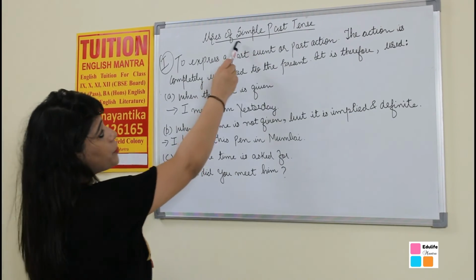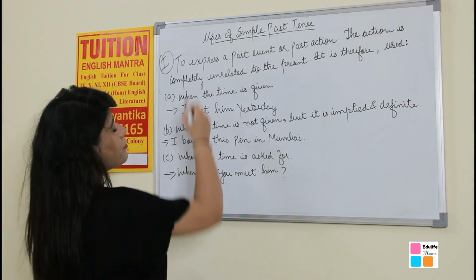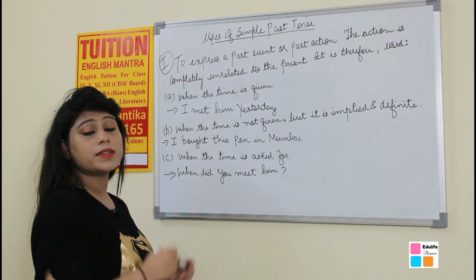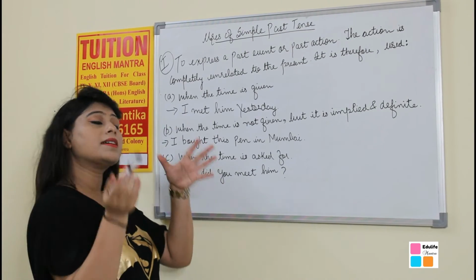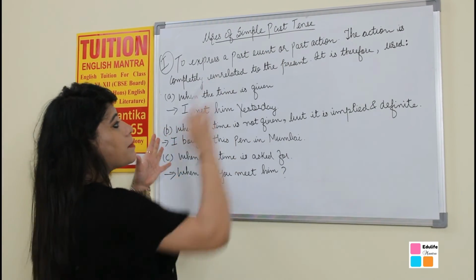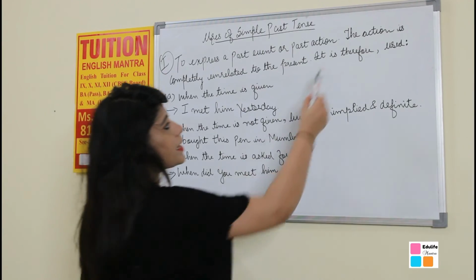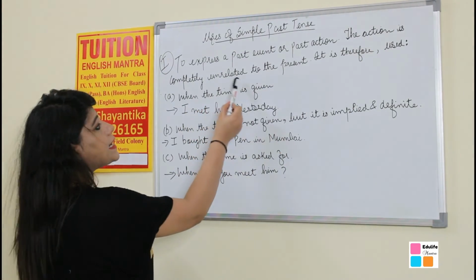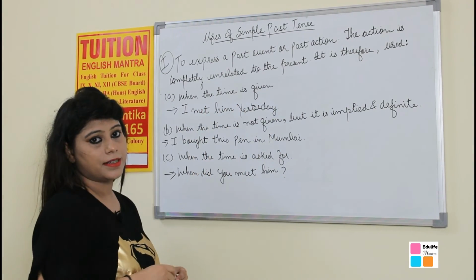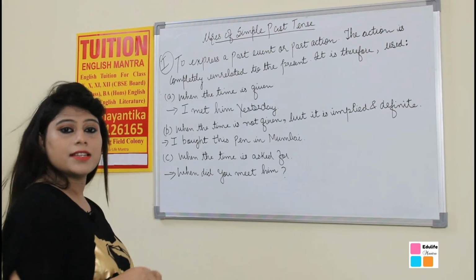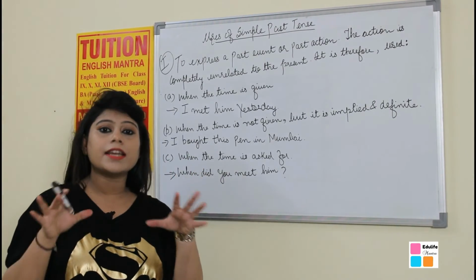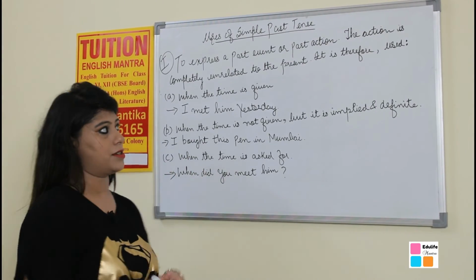We use simple past tense when we talk about some event which was done in the past, or some past action. The action is completely unrelated to the present.